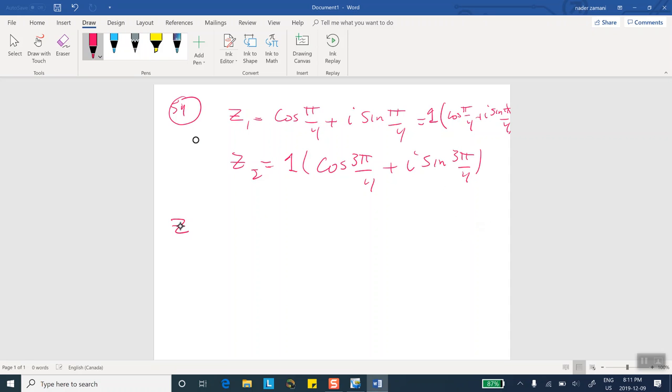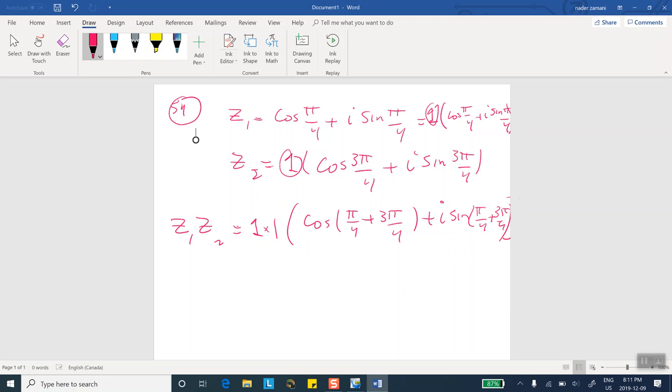Okay, so if you want z1 times z2, well, multiply the moduli, this times that, 1 times 1, and add the arguments. Cosine of pi over 4 plus 3 pi over 4 plus i sine of pi over 4 plus 3 pi over 4.